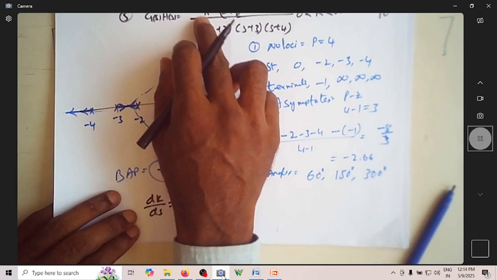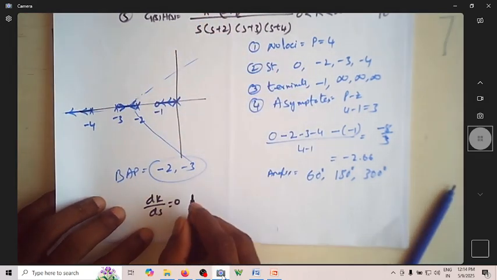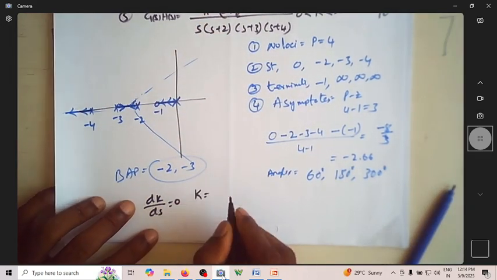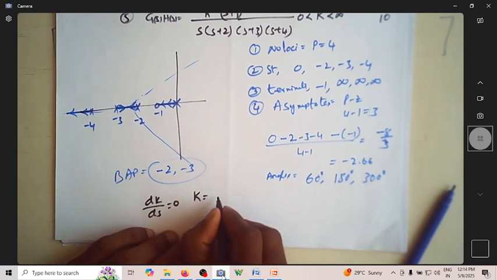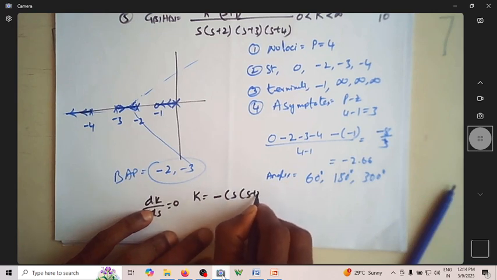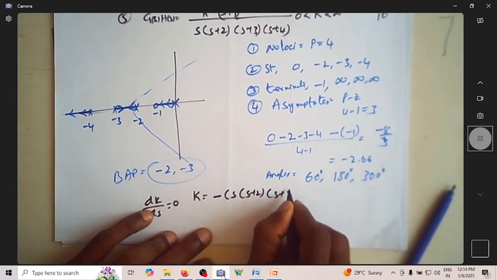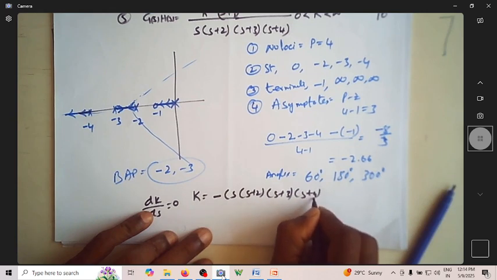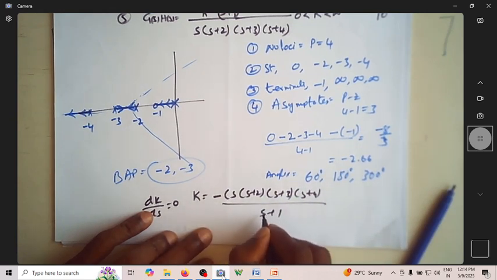Since now you have a complicated expression, what is the value of k? So k is now given by minus s into s plus 2 into s plus 3 into s plus 4 divided by s plus 1.